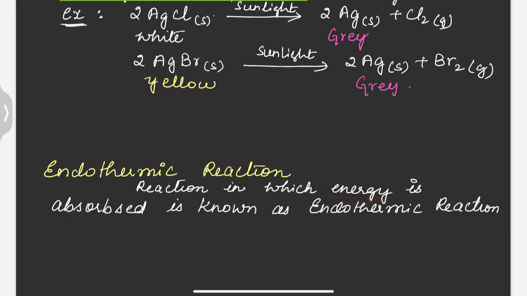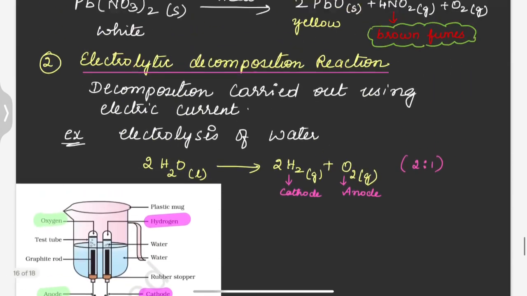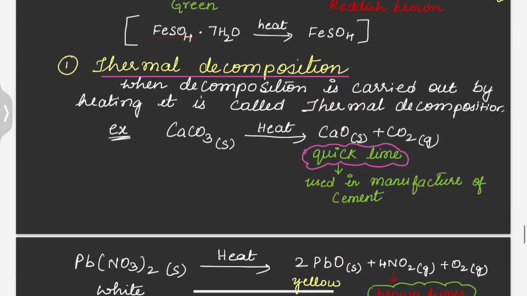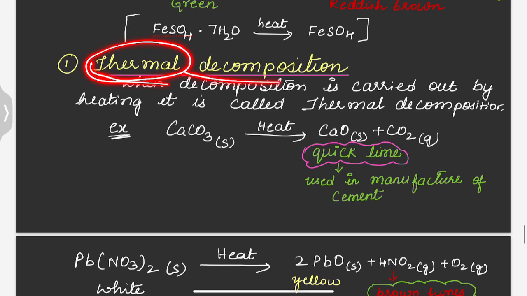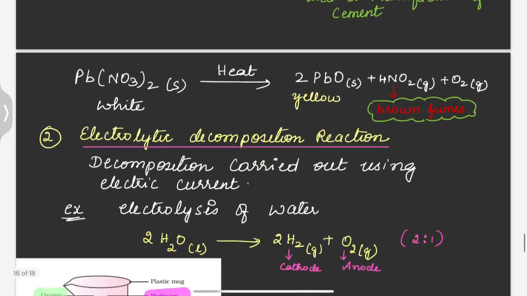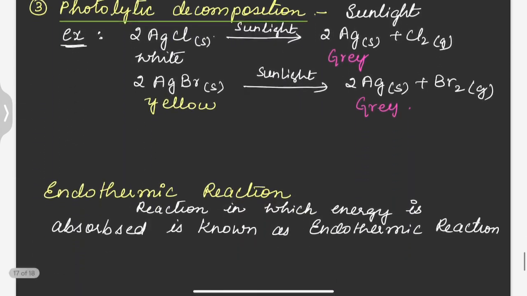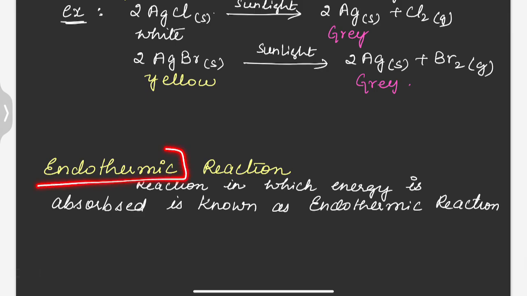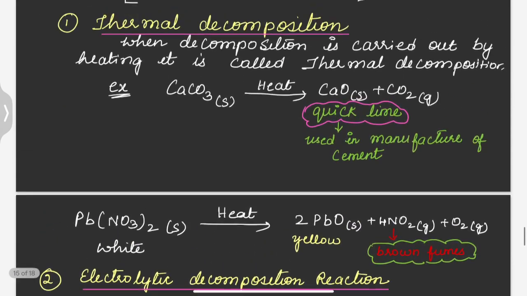Heat energy, and it is called as endothermic reaction. Usually decomposition reactions are endothermic because heat energy is absorbed by the system during the reaction. Therefore most of the decomposition reactions are endothermic reactions. So this is about decomposition reaction.